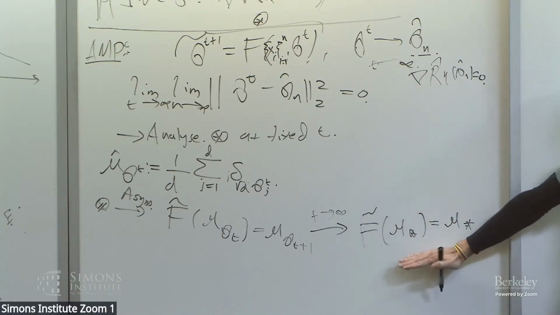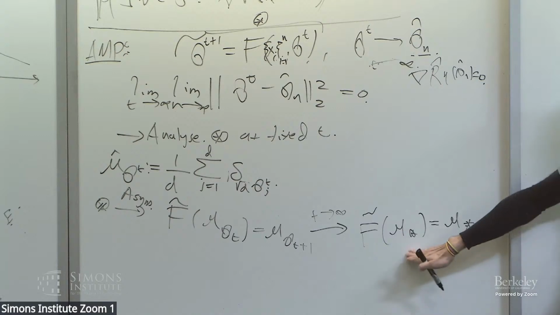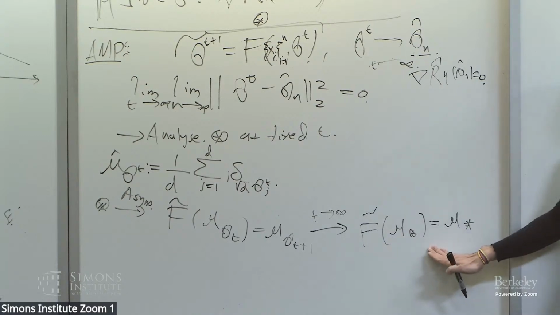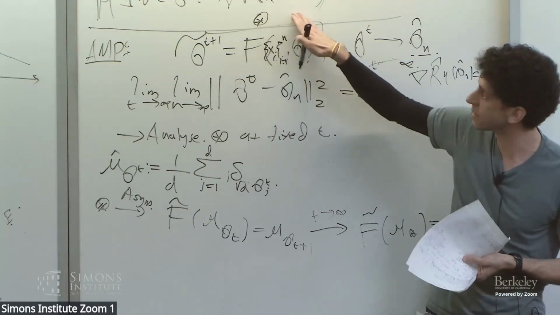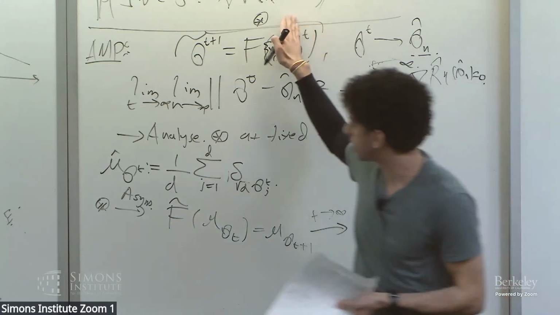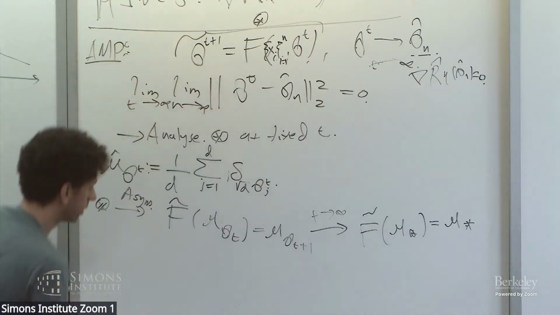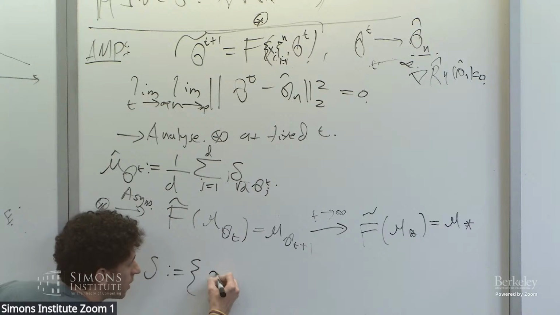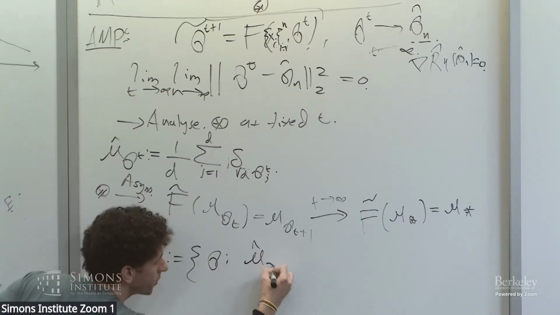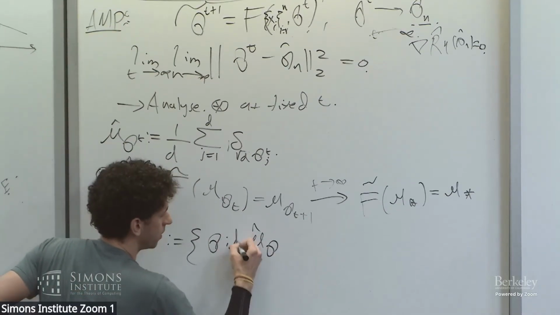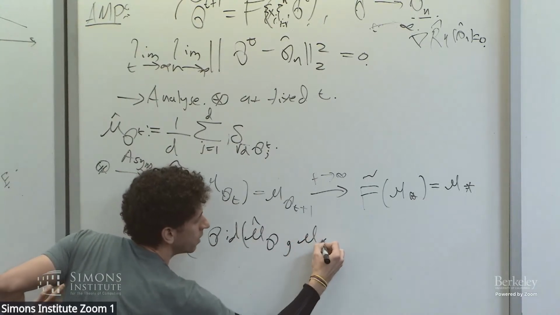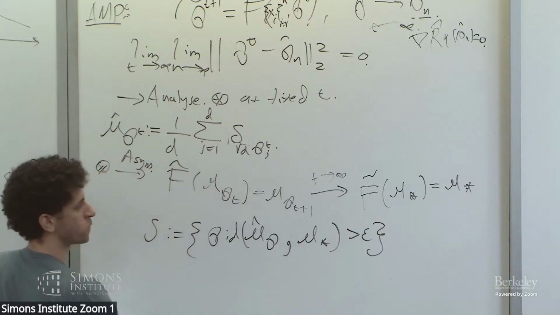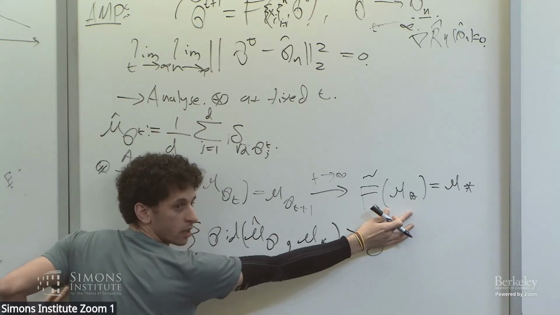So this specifies conditions on the empirical distribution of theta, such that when it's satisfied, I would expect that this is satisfied. So the set S that I'm going to use here will be something like the set of theta such that the distance between the empirical distribution of theta and mu star is bigger than epsilon, where mu star is the solution of this.